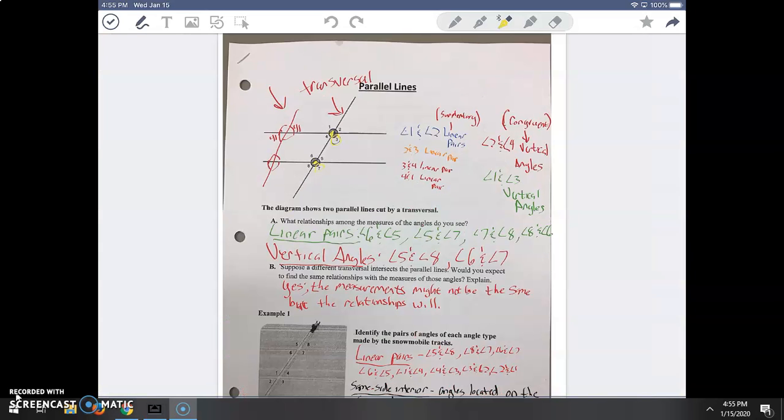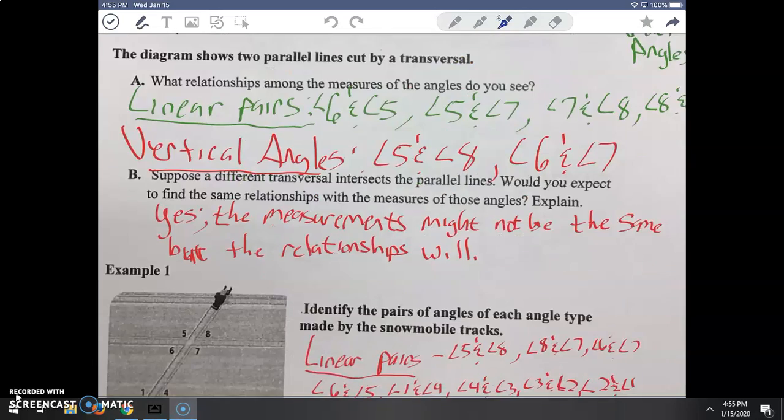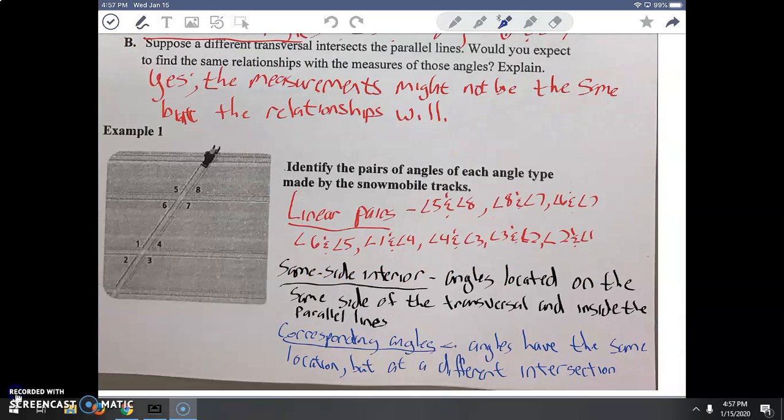So that's kind of a definition of corresponding. Again, I'll write it and explain it. Corresponding angles are angles that have the same location but at a different intersection. So corresponding to 8, what's the same location but a different intersection? Here are your two intersections. The same place at the other intersection would be angle 4.